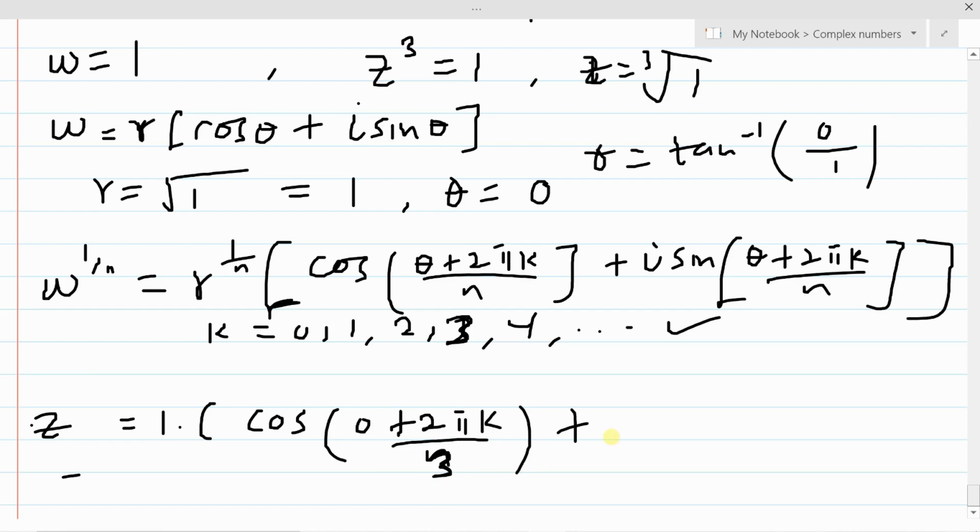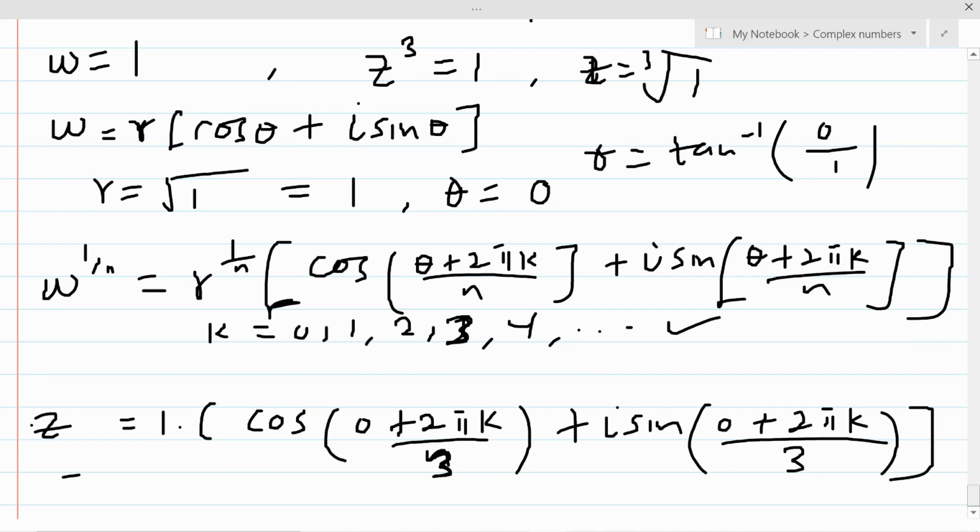Then plus i sine of (0 plus 2 pi k) all over 3. This is how it's supposed to be.